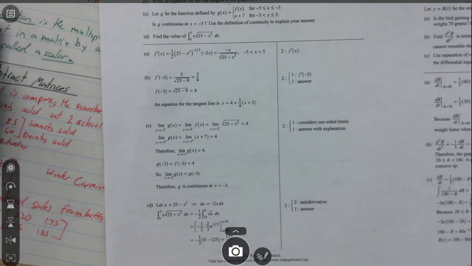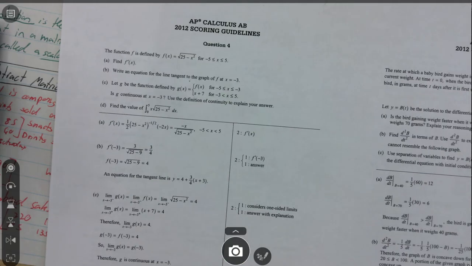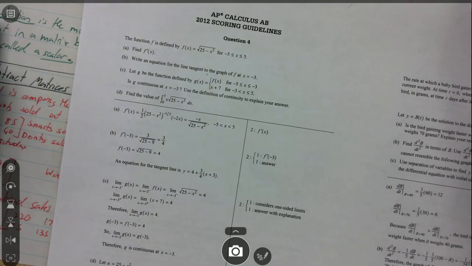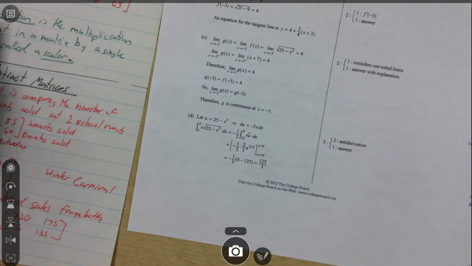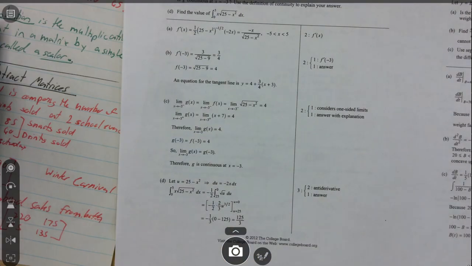Okay, third one. We are going to limits. Let g be the function defined by that above. Is g continuous at x equals -3? Use the definition of continuity to explain your answer. So, did we do limits? Yes. What did you all write for your statement?